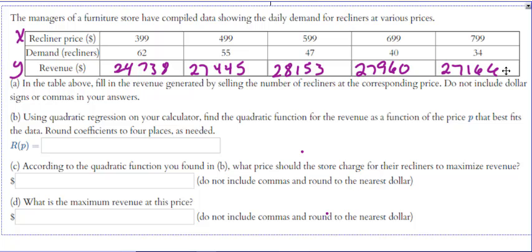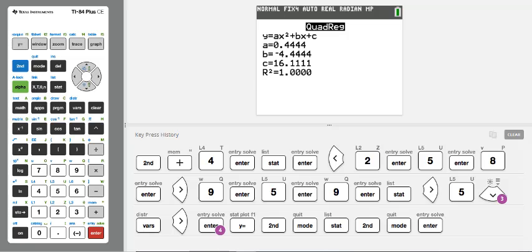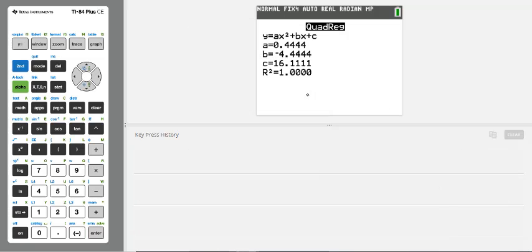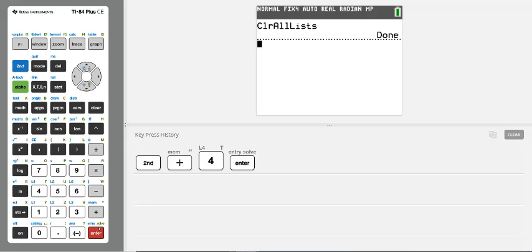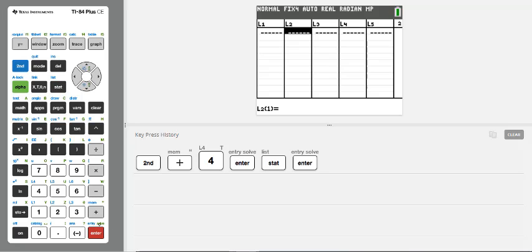So we've found the revenue. Now we've got to type these into our calculator. That's 399, 499, 599, 699, 799. Let me clear this out. Second plus 4 wipes all my lists away.